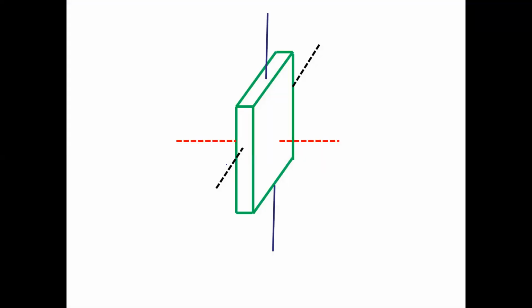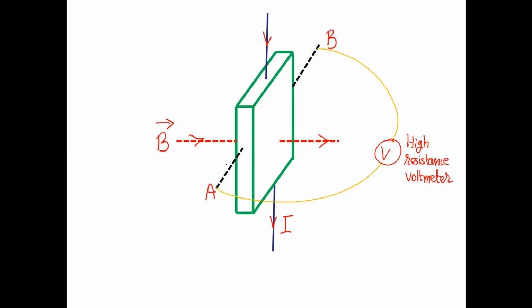Now look at this screen. This is a Hall probe sheet. It's a semiconductor chip, and we place it in a magnetic field. B stands for magnetic field, and we get a PD voltage across the terminals AB. So this is how a Hall probe works. Remember, Hall probe works on the principle of Hall effect. Now we have placed it in a magnetic field.